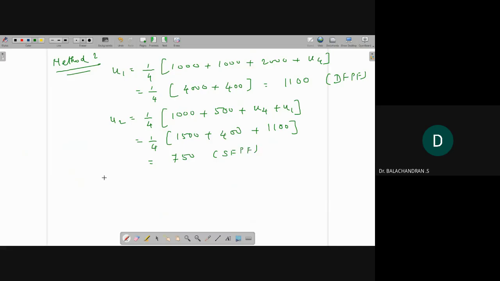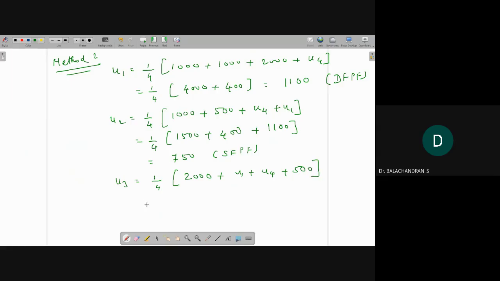And then U3. So if any one of them can tell, 3000 plus 2000 plus 2000 plus U1 plus U4 plus 500. Here also we can use the standard 5-point formula.